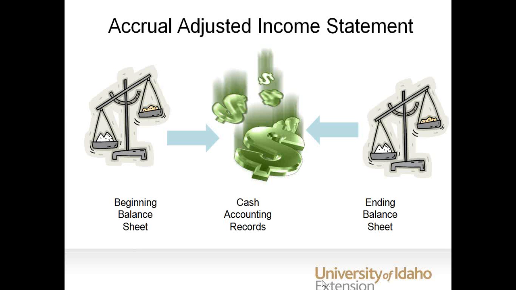It takes information from the beginning and ending balance sheets, and then makes adjustments to the cash accounting records contained in the income statement, whose simplest form is a Schedule F. It makes changes to give a really good estimate of what actually happened in the net farm income of that farm in the time period under examination.